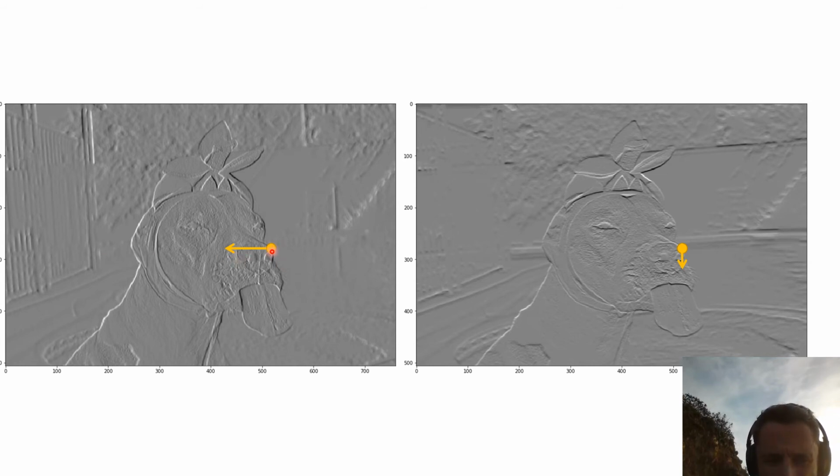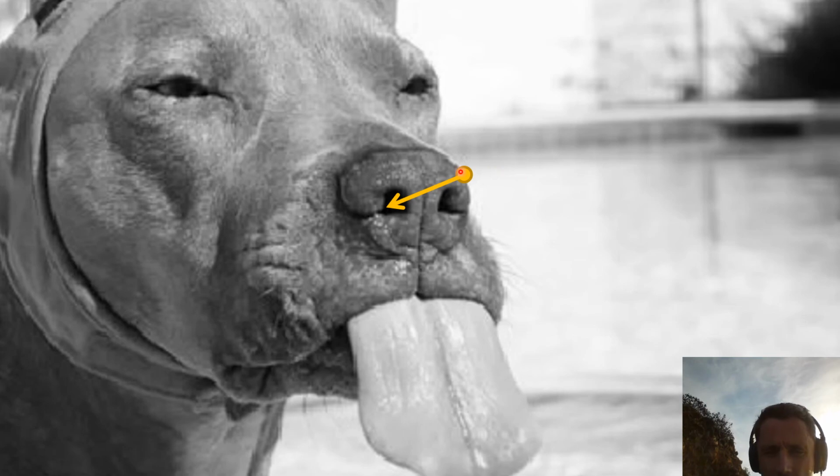Here, this image location at the nose has negative values for the x gradient. So that means that the gradient points backwards. And also a positive partial derivative for the y direction at this point. So that means that for that point, the gradient vector points downwards and leftwards, but that's the gradient direction.